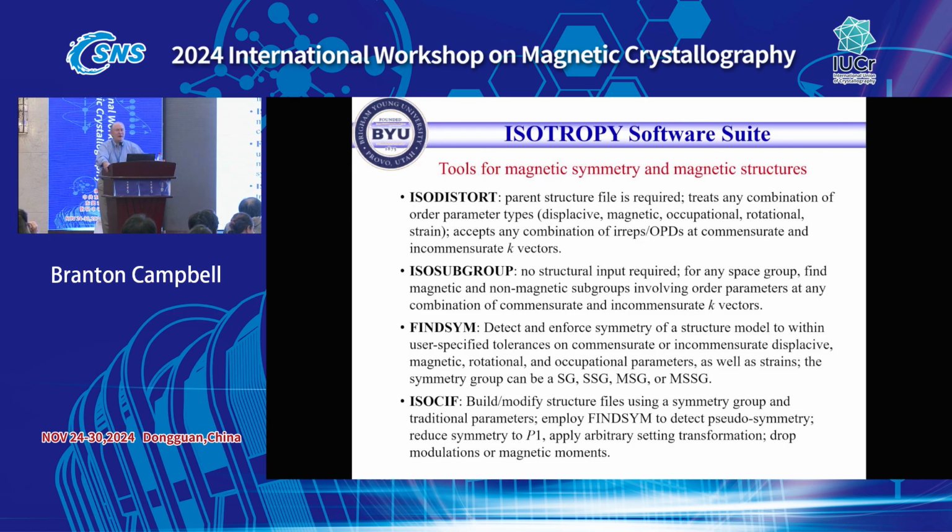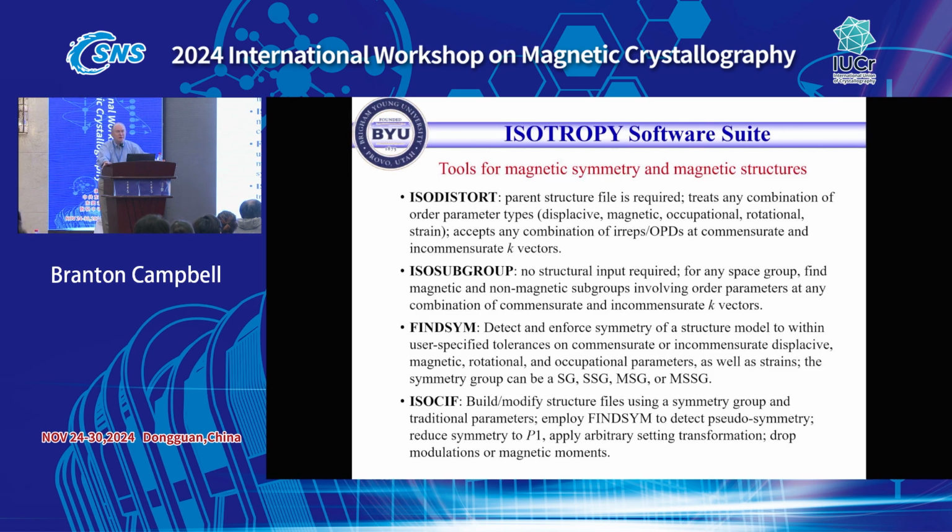PSEUDO is in the Bilbao package, or the Bilbao Crystallographic Server. It's another nice tool for studying pseudosymmetry. So at present, you can upload a commensurate structure, an incommensurate structure, magnetic or non-magnetic, and it will detect the true symmetry group.